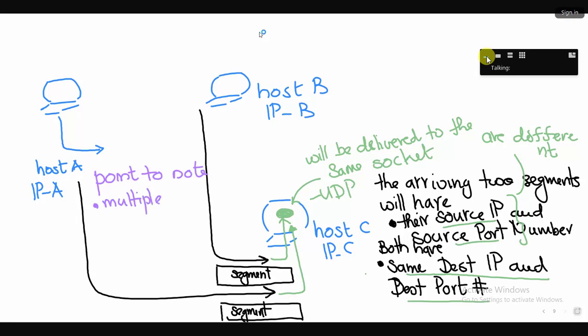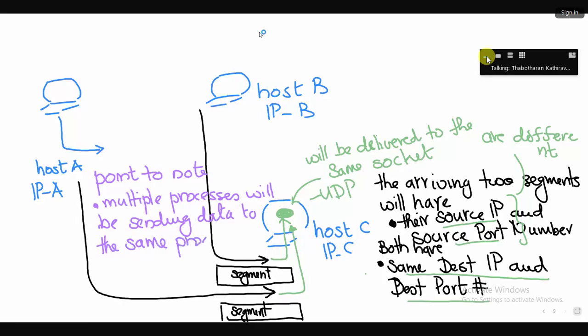Multiple processes will be sending data to the same code or same process in the destination. That is one property of the UDP protocol.